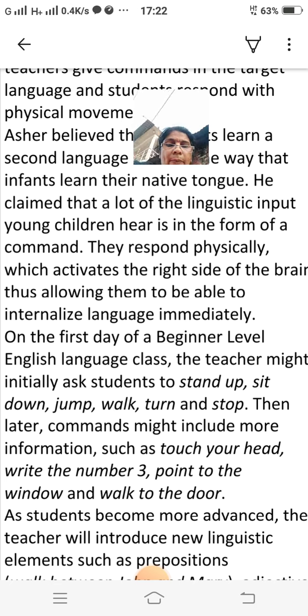Then later commands might include more information, such as touch your head, write the number 3, point to the window, and walk to the door.